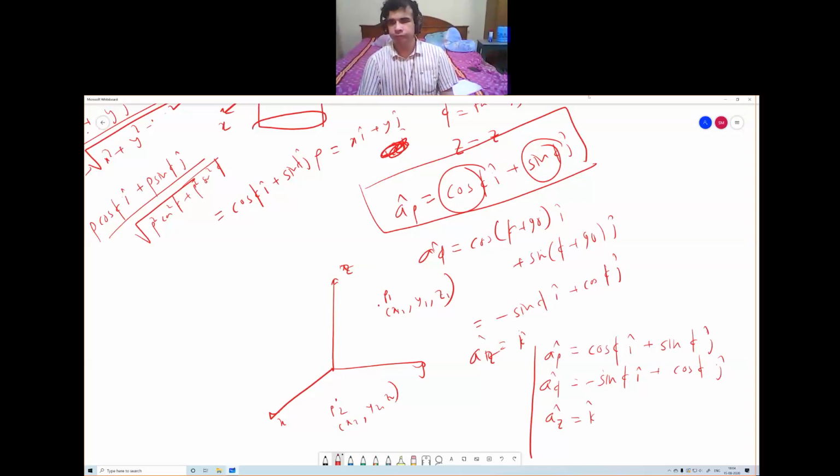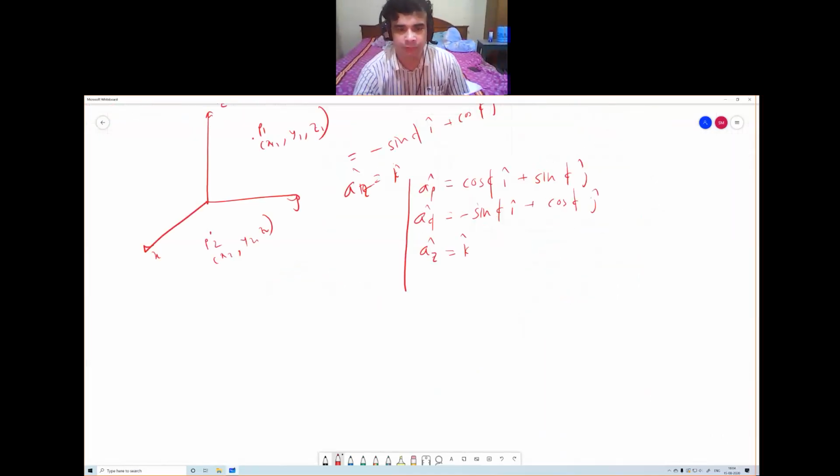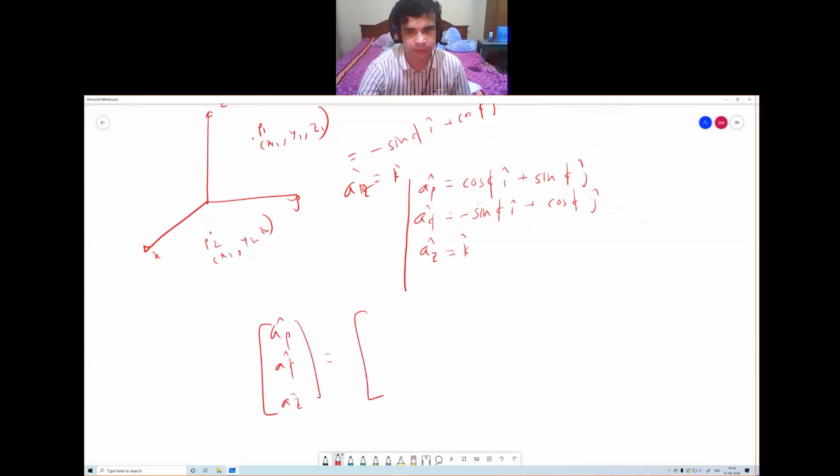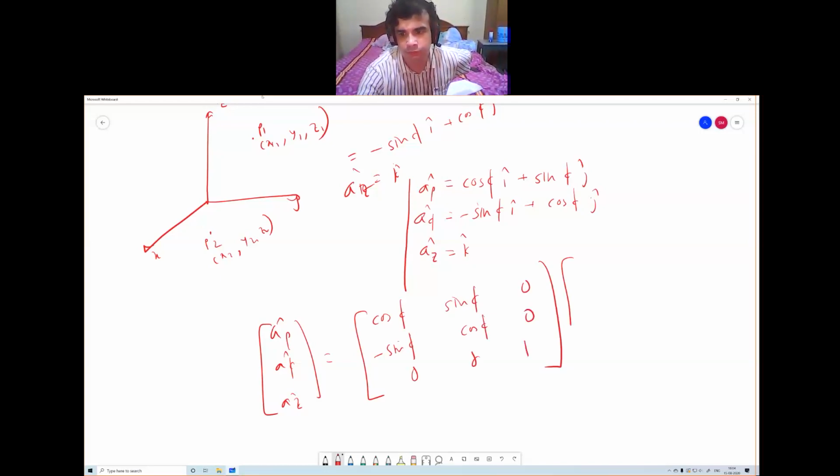In terms of matrix, if you write it in terms of matrix, a rho, a phi, a z is the matrix cos phi, sin phi, 0; minus sin phi, cos phi, 0; 0, 0, 1 times i, j, k. If I take the inverse of this matrix, I will find the reverse conversion. Is it okay?